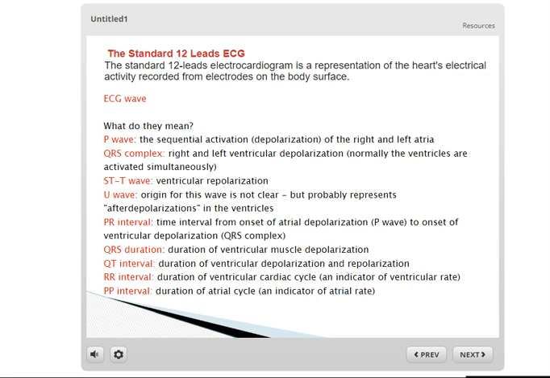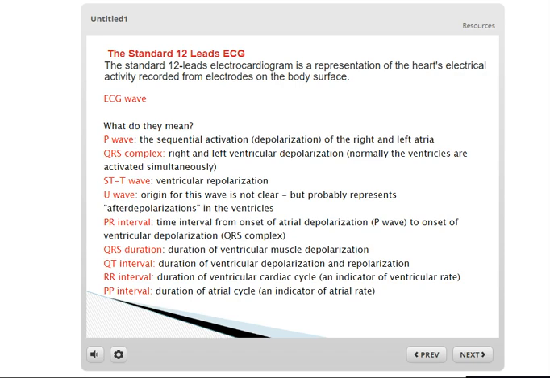And we have the ECG intervals. PR interval: time from atrial depolarization, P wave, to ventricular depolarization, QRS. QRS duration: the duration of ventricular muscle depolarization. QT interval: duration of the ventricular depolarization and repolarization. RR interval: duration of the ventricular cardiac cycle, an indicator of the ventricular rate.